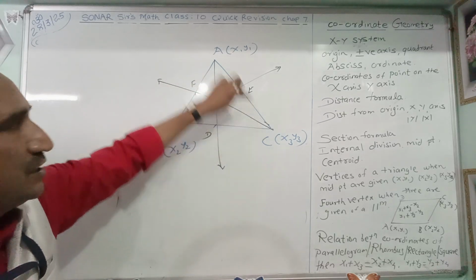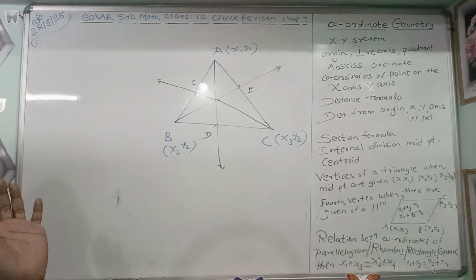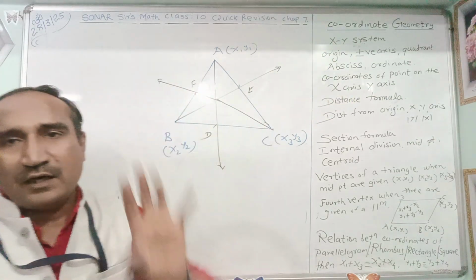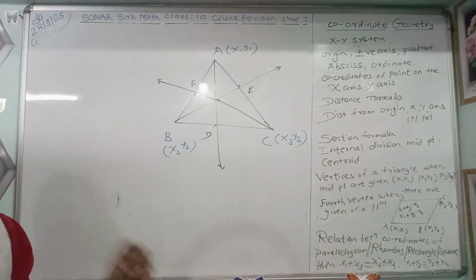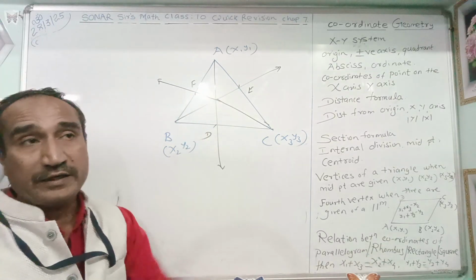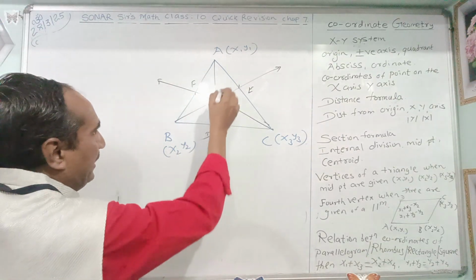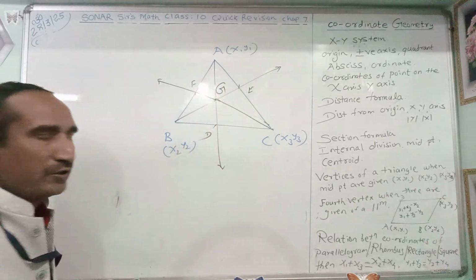These three medians of any triangle are concurrent. Concurrent means passing through the same point, and that point of concurrency for medians is called the centroid.